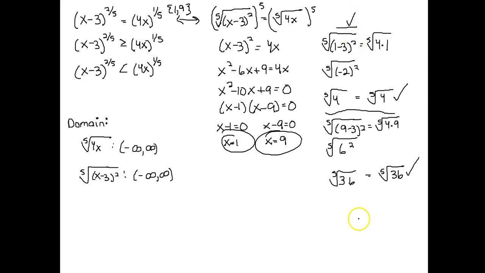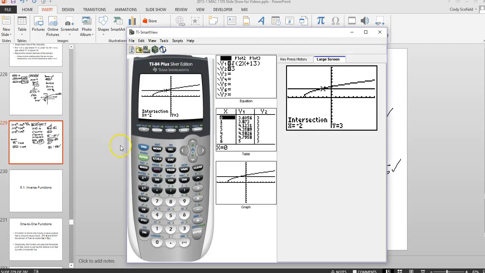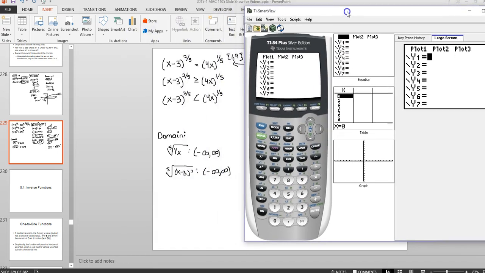Okay, so let's do the inequality part. Let's put it in the calculator. So we go back to y equals, clear this out. All right, so left side I have x minus 3, and this is raised to the 2/5 power.